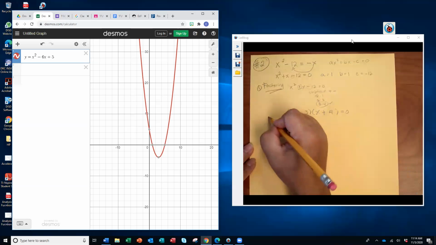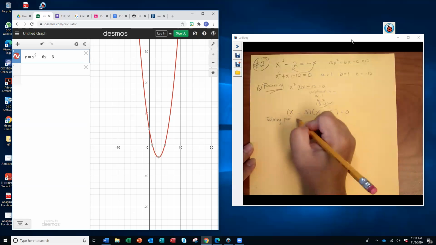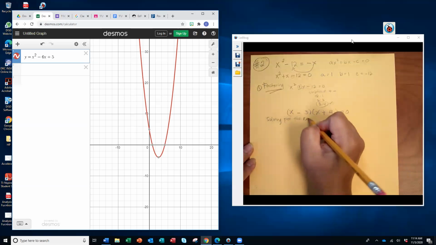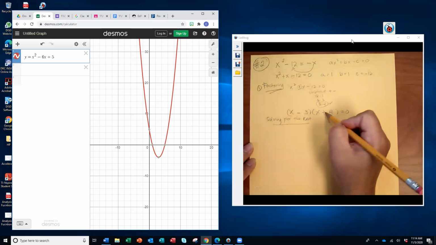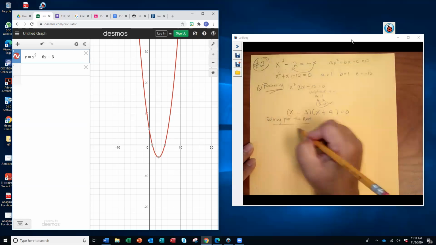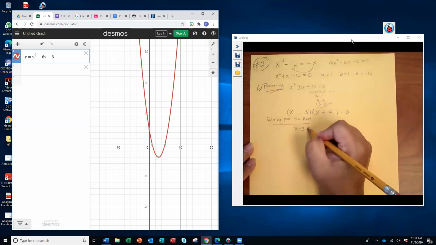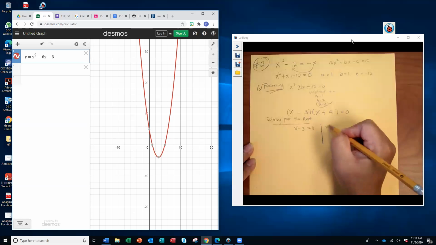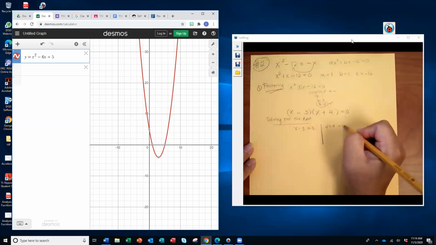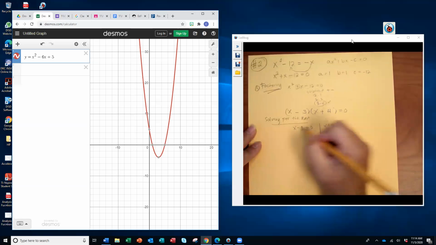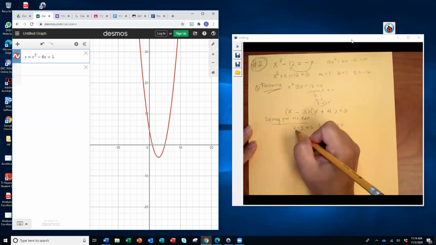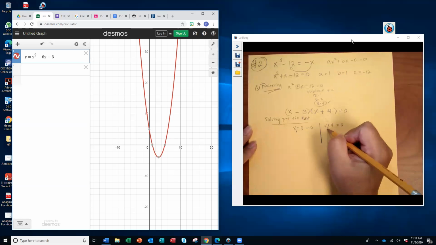Now you're going to be solving for the root. Solving for the root, you just have to separate these two. So one will be x minus 3 equals 0. That's for this one. Then x plus 4 equals 0. That's for this one. You separate them. But since they're two x values, you just want to label that as x sub 1 and the other one is x sub 2.